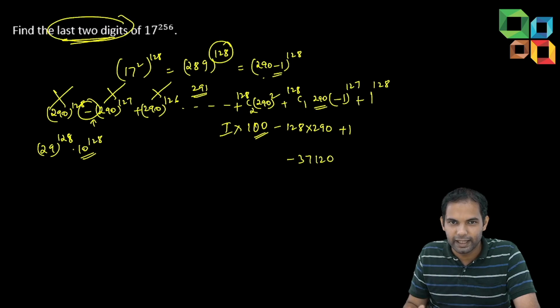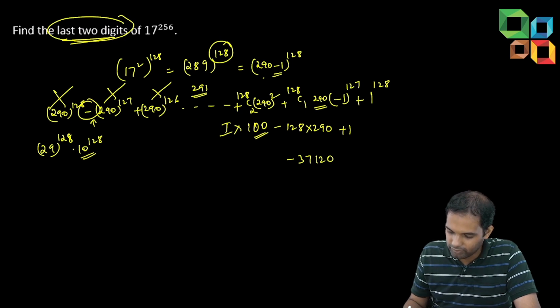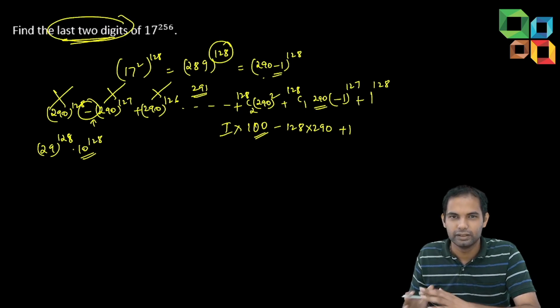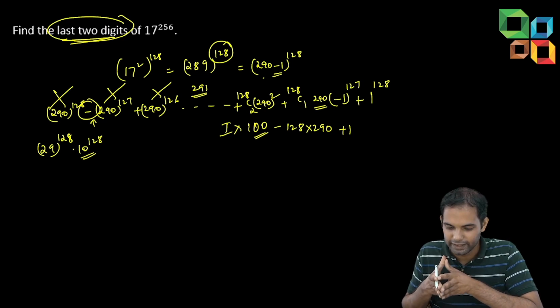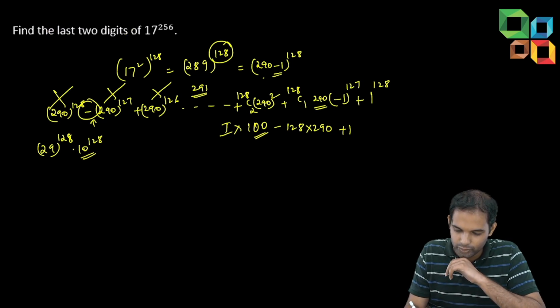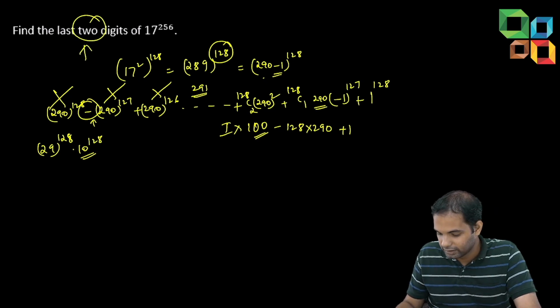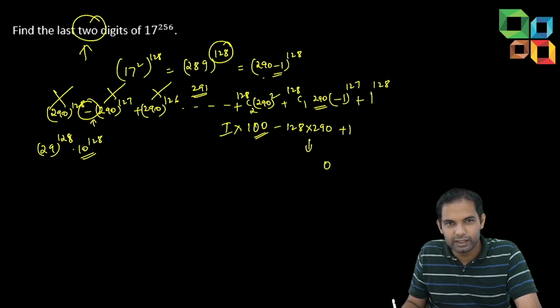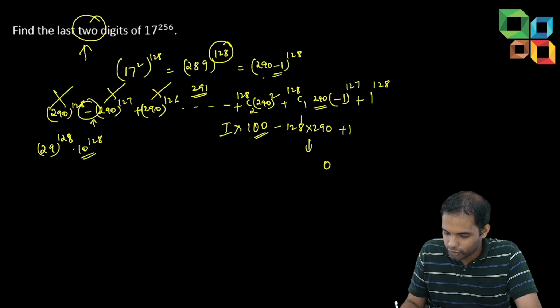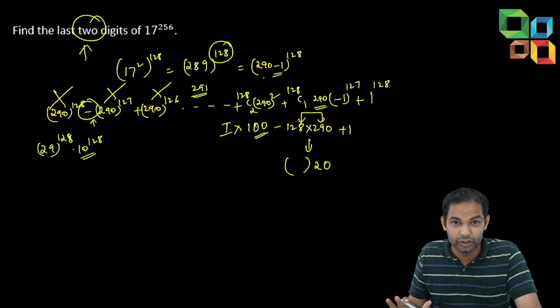To be honest, you need not even calculate this, because I reduced the last three digits to two digits for the reason that we need not do a lot of calculations. Can we look at this number? This is 0. What is the unit digit in this? It should be 8 into 9, with no other number contributing to the last digit. It should be 2. I don't know what the previous digits are, but it should end with 20. That's for sure. No doubt.